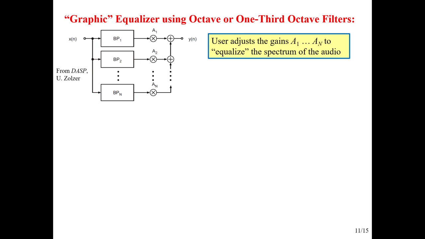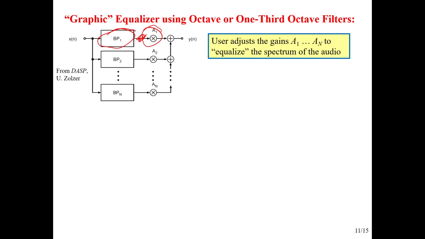And then here's what we do. We take our signal and we pass it through each of those. So we're kind of splitting the signal up into, in this case, n different components. So the signal coming out here is primarily frequencies in that passband. And then we can multiply by a number, and that number could be bigger than 1 or less than 1, or equal to 1.